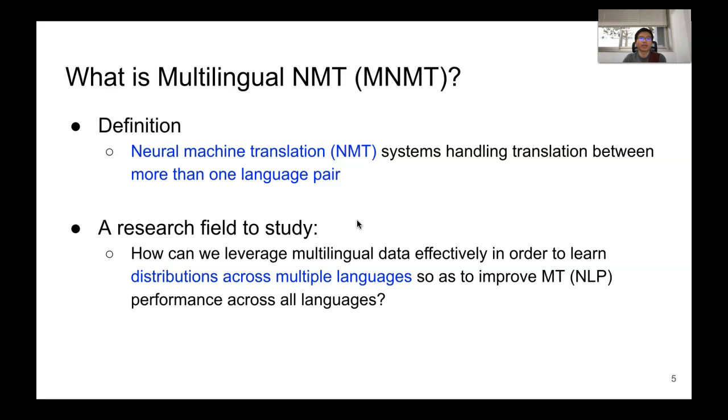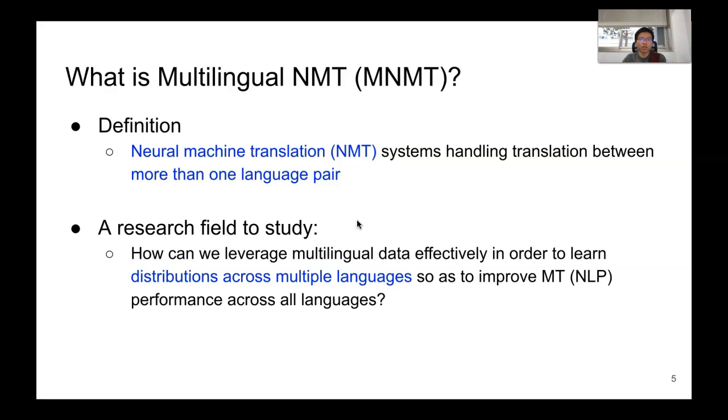First, what is multilingual NMT? Or in short, MNMT. So, our definition of MNMT is that it is the NMT systems that can handle translation between more than one language pair. And this is actually a very active research field.